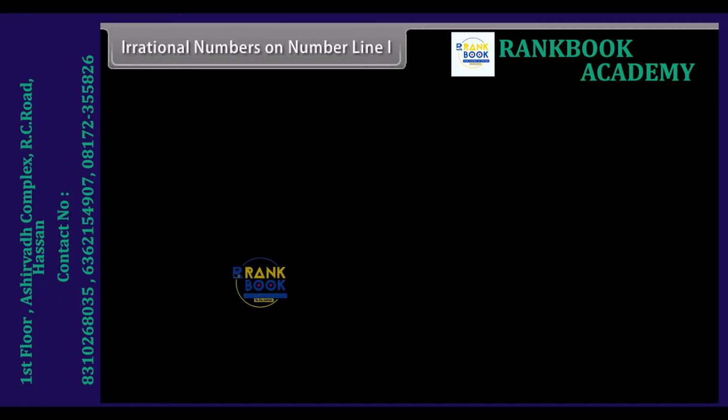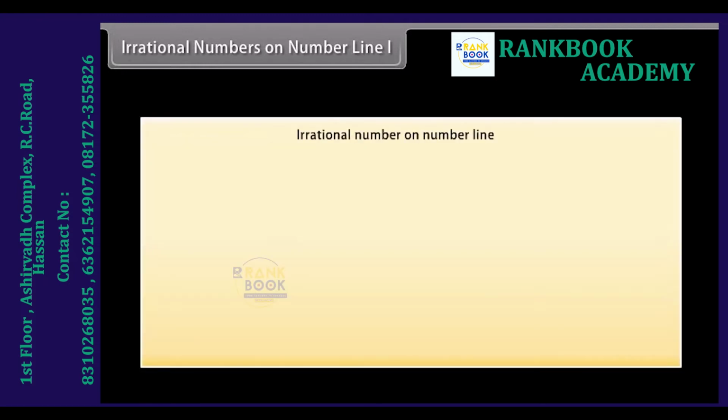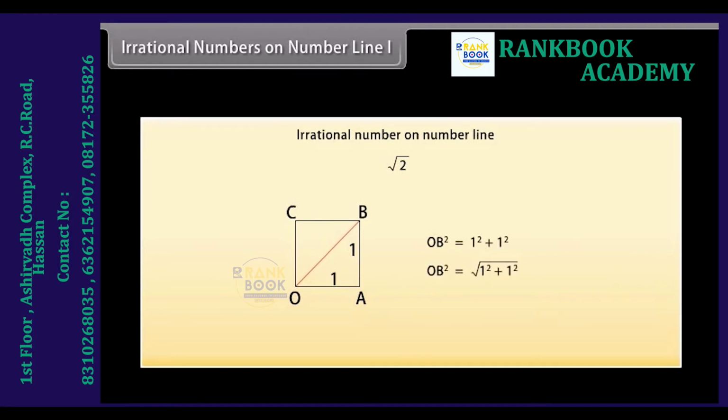Irrational numbers on number line 1. Now we will learn to locate an irrational number on a number line. Let us see where square root 2 is located on a number line. For this, we will first consider a unit square OABC with each side 1 unit in length. Now by using the Pythagoras Theorem, OB squared is equal to 1 squared plus 1 squared, or OB is equal to the square root of 1 squared plus 1 squared, which is equal to square root of 2.